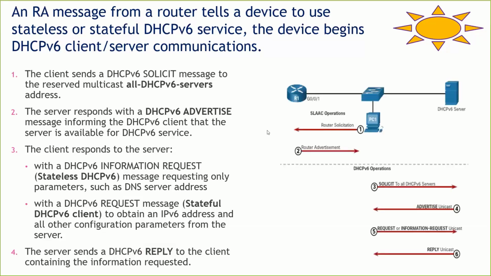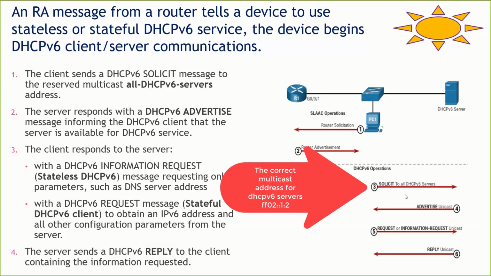Hey, again, here's a pretty picture. Right, here we're doing our solicitation to the FF02::2. The router is responding with an advertisement. There is a multicast address for the all DHCP servers.